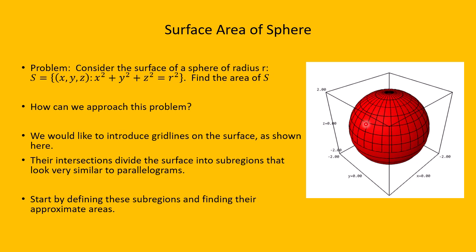The finer the partition is, the smaller these little subregions are, the more they will look like parallelograms. They'll be very close to being parallelograms. And so we can approximate the area of one of these little subregions by calculating the area of its corresponding parallelogram.